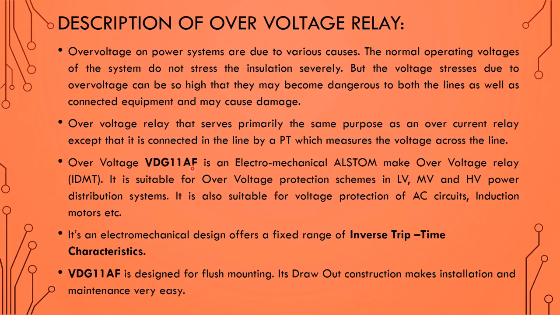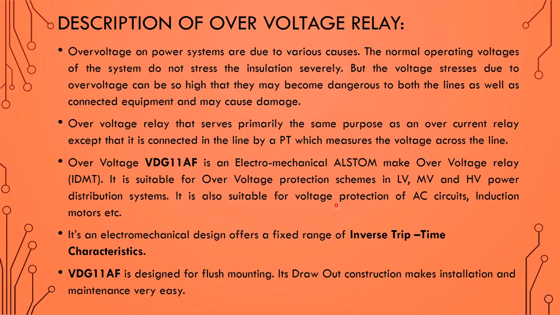Now the overvoltage relay which we are going to use, the VDG AF relay, is an electromechanical Alstom-make overvoltage relay with an IDMT characteristic, and it is suitable for overvoltage protection schemes in low voltage, medium voltage and high voltage power distribution systems.